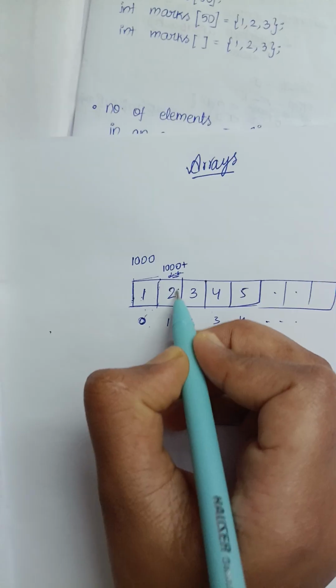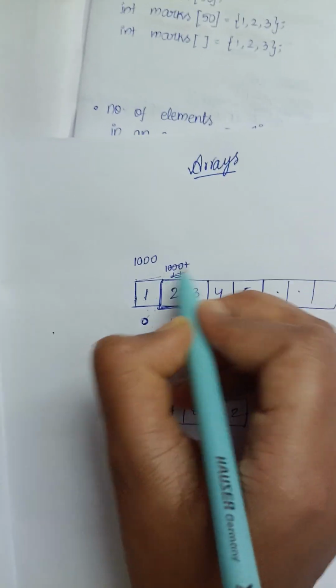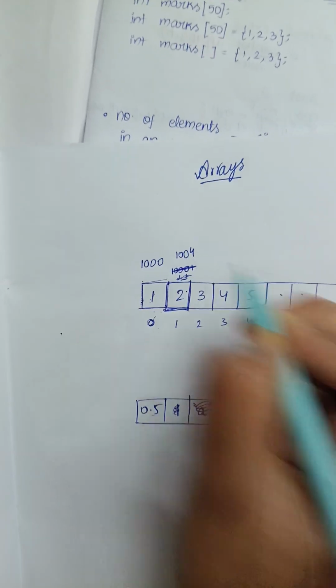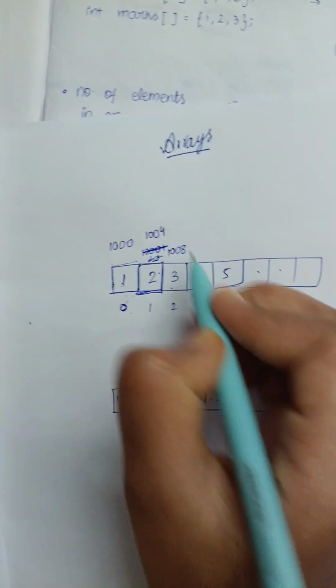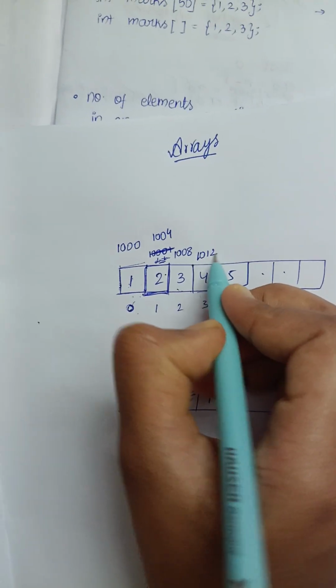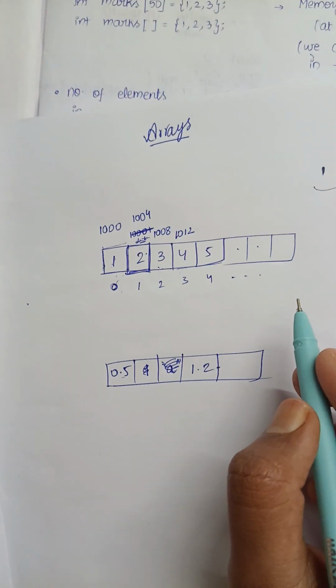Suppose an integer takes 4 bytes, right? So it will be 1004. This 3 will be placed at 1008. This 4 will be placed at 1012. This is how we'll store the elements in an array.